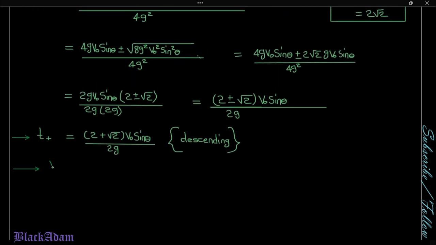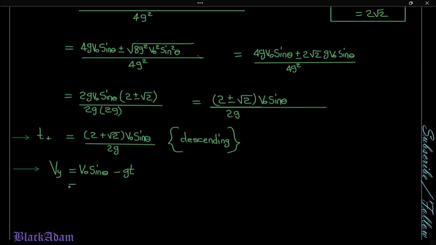So we have v final at half the height as it descends, which is v initial sine theta minus gt.